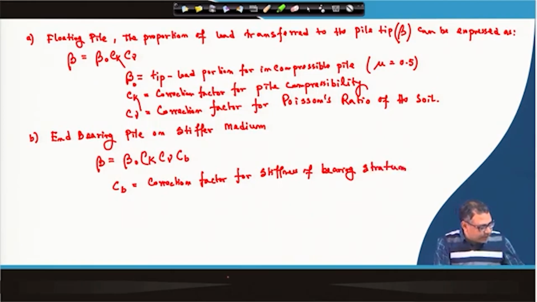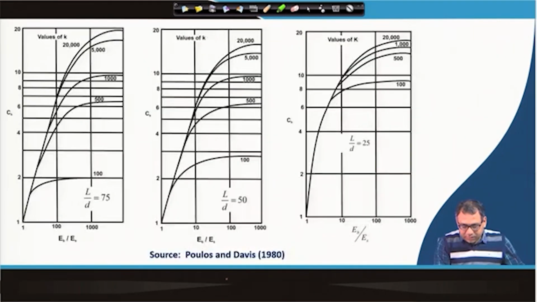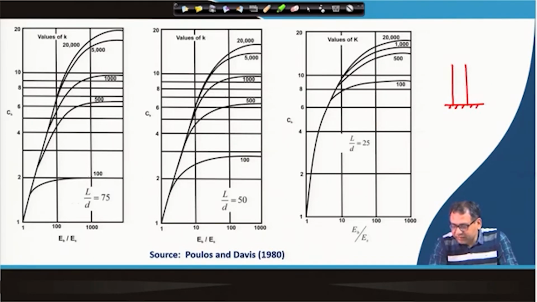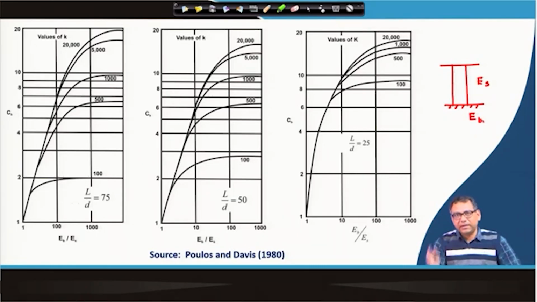Okay, so how will I get this C b value? I will get the C b value by using this expression. Here the pile is on the bearing strata or a stiff strata, stiffer boundary, where this is the E s and this is the E b, or the base soil where the pile is resting.